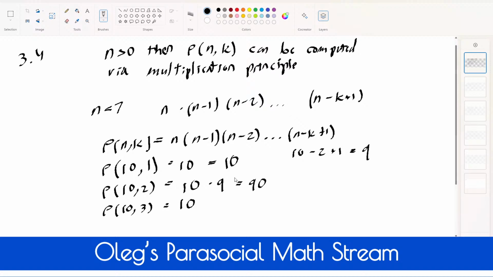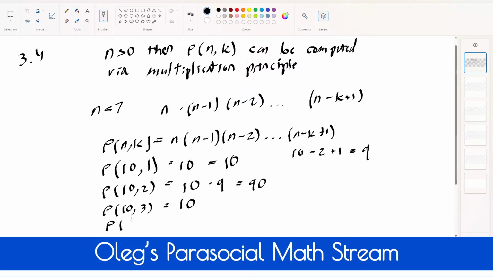What I'm trying to say is that the 3, if we go back here, tells us which one to stop at. The k is kind of like a stopgap, I guess you can think of it that way. Let's not fill in the intermediate parts.